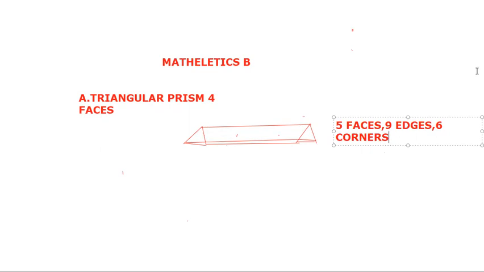Now if you go to B. Oh, I'm sorry. In case of a triangular prism, the next one, B. Consider it B. Okay, fine, no problem. This is the triangular prism.